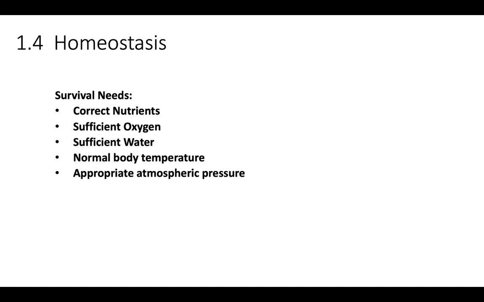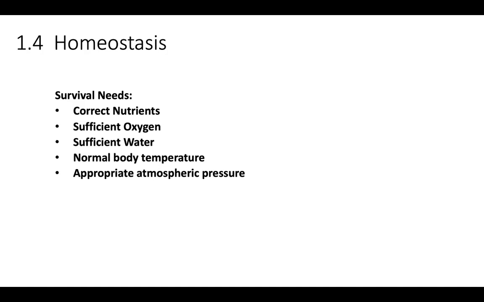Appropriate atmospheric pressure. When you are inhaling and exhaling, you're changing; there's a pressure change happening within the lungs. You need to maintain a certain amount of pressure for your blood, for example. So your blood pressure against your arterial walls is important, and that's important for the whole system.